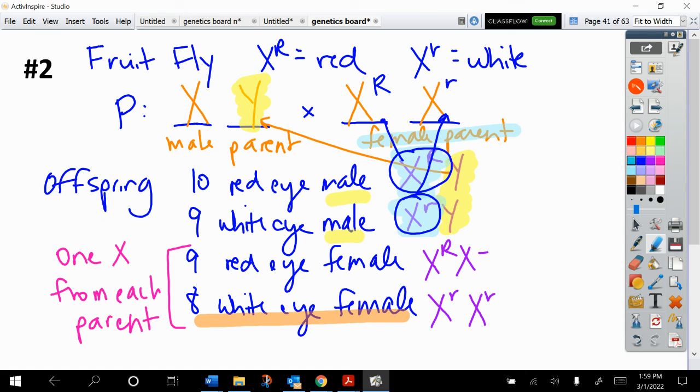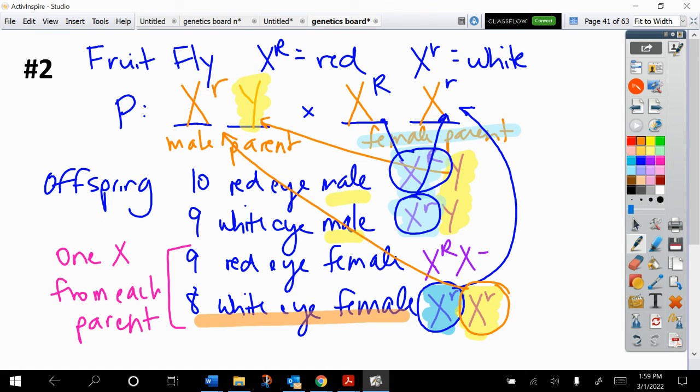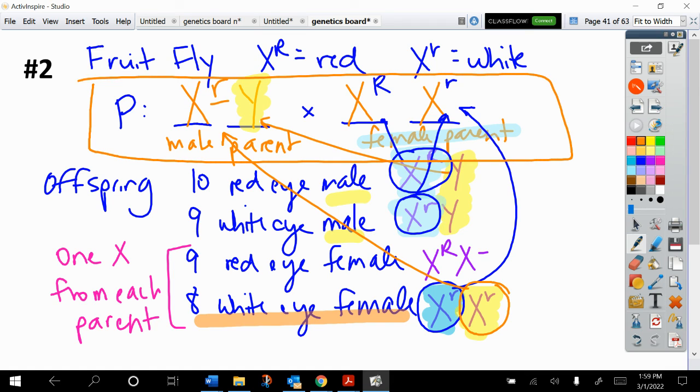One has to come from the female parent, and one has to come from the male parent. We already know the female parent gives X lowercase r. The other parent must also have given the female an X lowercase r, so in this case, the male parent would be white-eyed, X lowercase r Y, and the female parent is X capital R, X lowercase r.